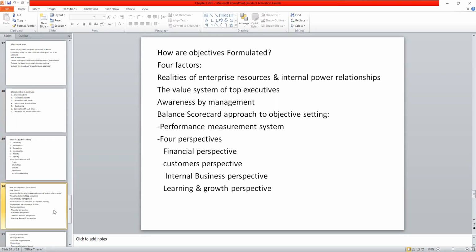Coming to the next part, how are objectives formulated? Basically, there are four factors to be considered as far as objective setting is concerned. That is the forces in the environment. Now, each group of shareholders may think of changing their role or their expectations.